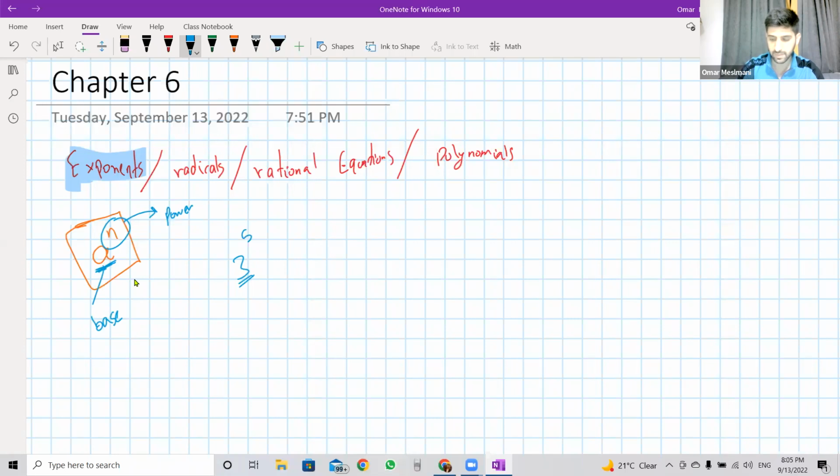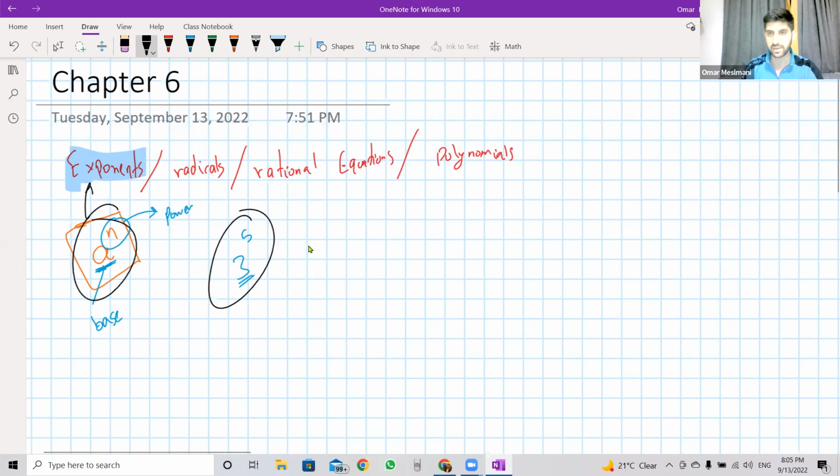All right, so a power n: a is the base and n is the power, and both of them together are called an exponent. 3 power 5, what is it? 15? No, exactly, it is not 15. Why?